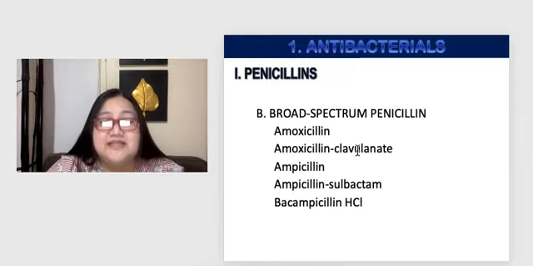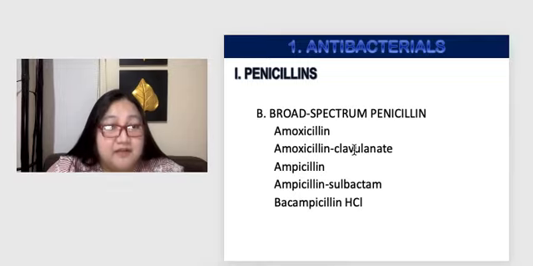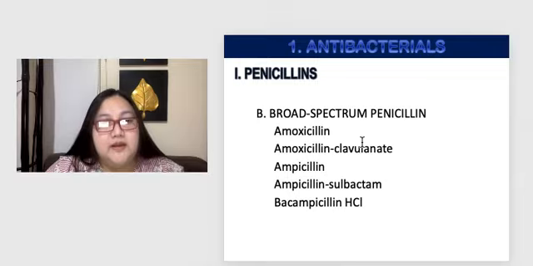Clavulanic acid is a beta-lactamase inhibitor, which means kapag mag-release si bacteria ng beta-lactamase, hindi na siya magiging resistant. Okay? Kakayanin niya na i-inhibit yung growth or kill the bacteria itself. The second beta-lactamase inhibitor is sulbactam.